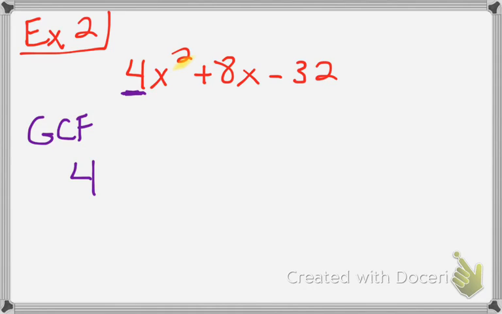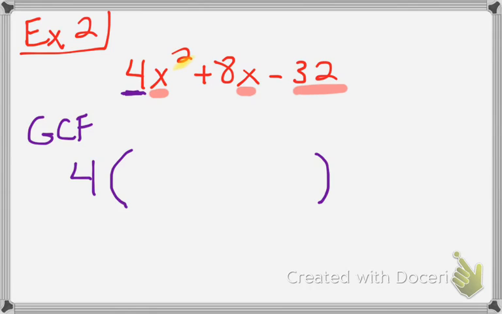And then along with the greatest common factor, I look at variables. Do I have the x variable in every one of these terms? No. What does that mean? I can't factor out anything else other than 4. Now I'm going to bring down what's left inside these parentheses.